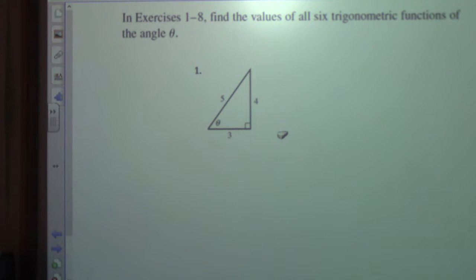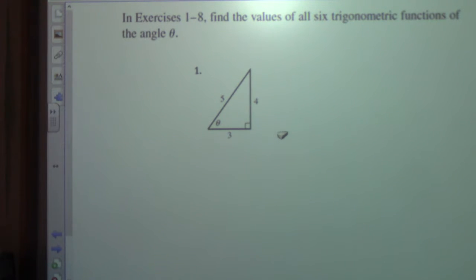So, after last Friday, talking about all the trigonometric ratios, sine, cosine, tangent, and remember the other three? Secant, cosecant, and cotangent. All right? In exercises 1 through 8, find the values of all six trigonometric functions of the angle theta.